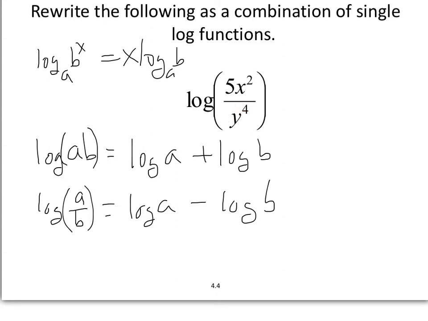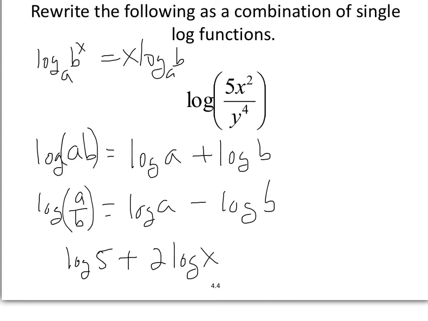So to do this problem, I'm going to write log 5 plus 2 log x. I hope you understand that because these two things are being multiplied, I wrote them as the sum of two logarithms, and the x has that exponent of 2, which I just brought down in front of the log.